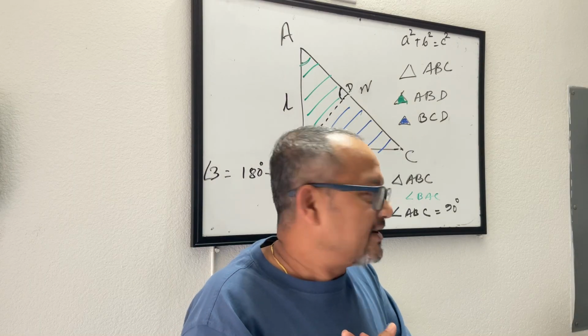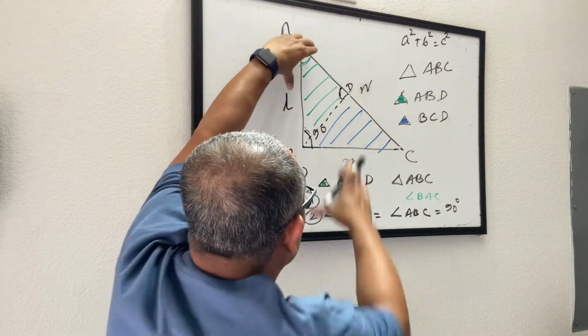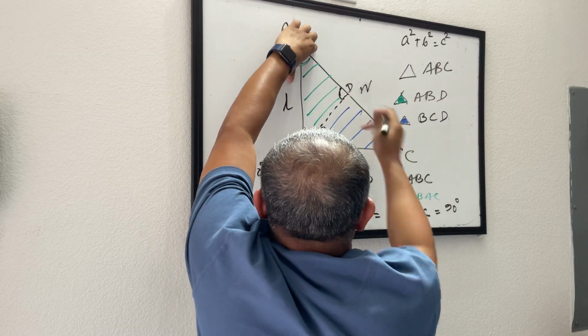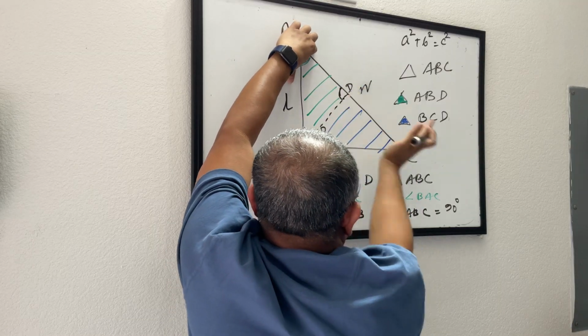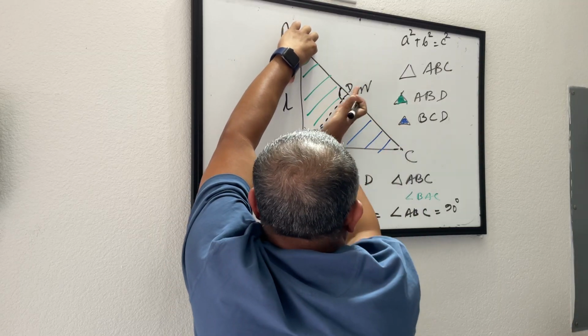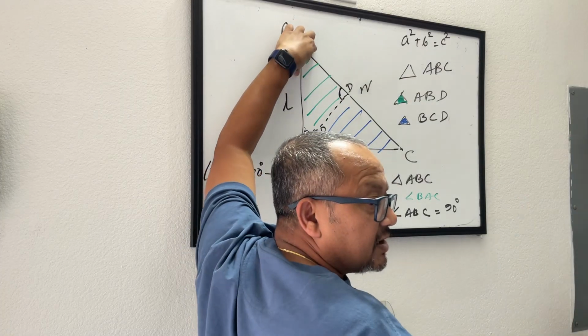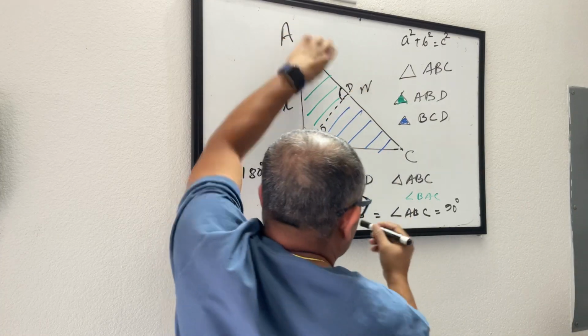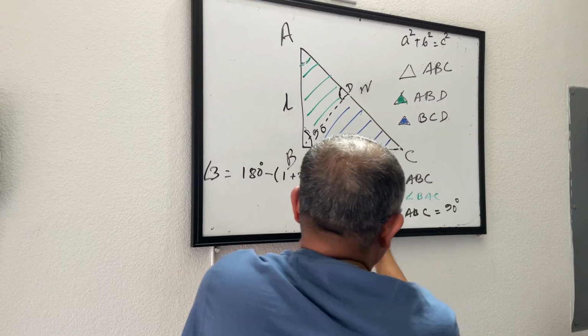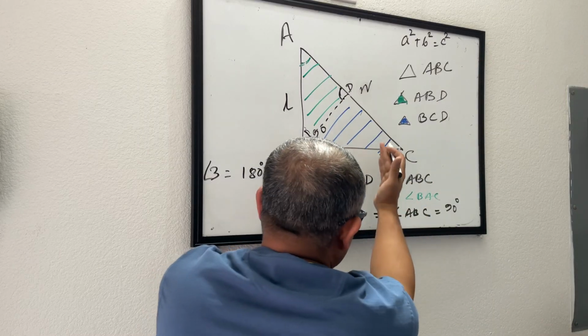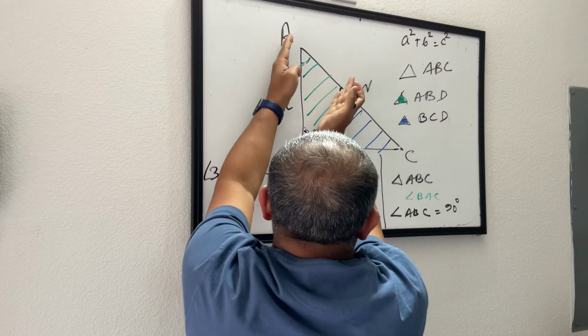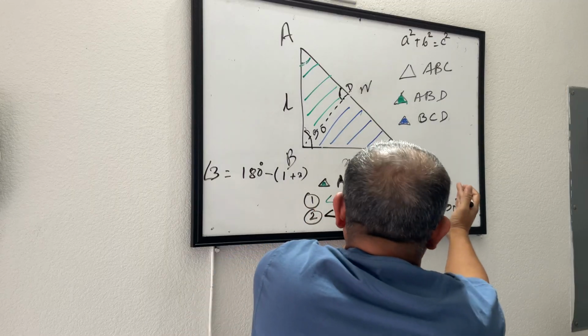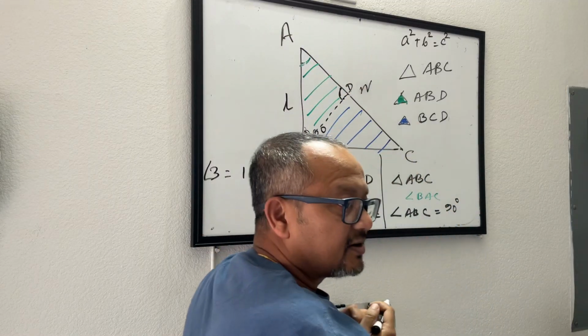Yeah? So again, look at the small triangle, the green one, and the large triangle. This angle is common in both the triangles, be it the small triangle or the large triangle. Now you are looking at the small triangle. See, this is the line that is splitting both the triangles. This side I am talking about all the angles for this one, and this side I am talking about all the angles for the large triangle.